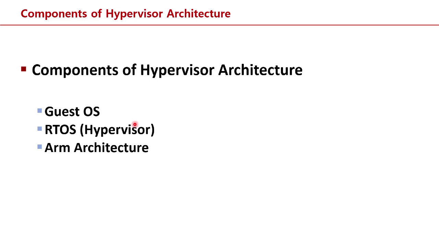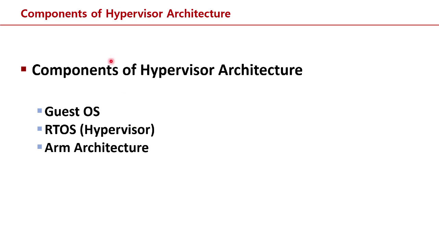Even though it is impossible for you to take a look at the source code of a commercial hypervisor, we have the XEN hypervisor, which is open to the public. In the next video, I'm going to show you the key software routines in the XEN hypervisor.